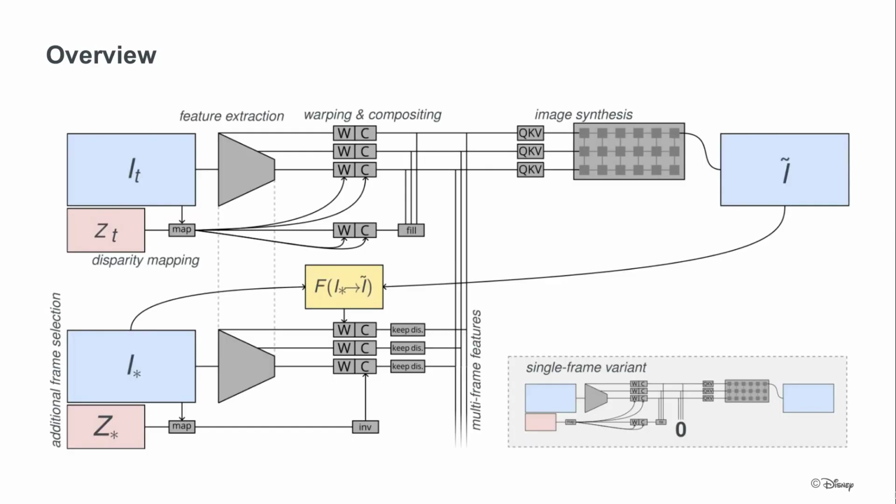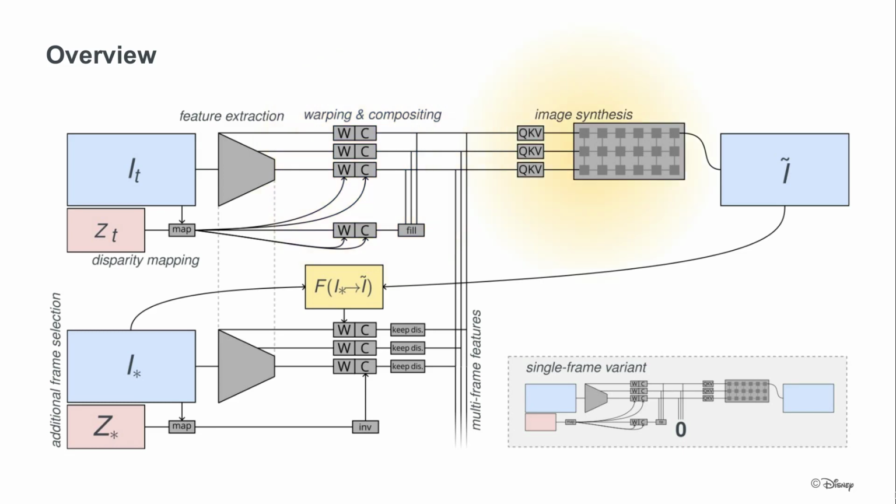We start by giving a short overview of our method, but will describe some concepts in more detail afterwards. First, given the image and the depth map, we introduce a method for mapping the depth to disparity. We then use a feature extractor to obtain multi-scale features on 3 resolution levels and perform warping and foreground-background compositing using the disparity.